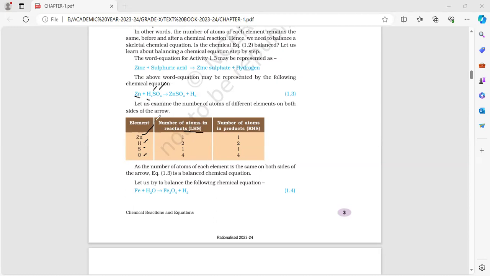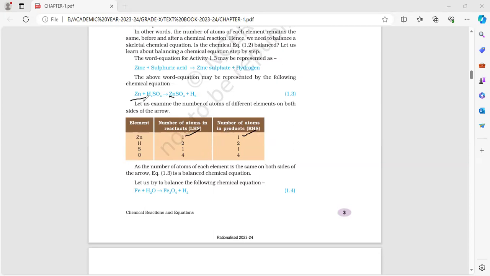So in the second column, the number of atoms in reactants, LHS meaning left hand side, and in another column, the number of atoms in the products, the right hand side. Zinc: how many on the left hand side? One, so it is written one here. On the right hand side? One. So now you check whether it is balanced.